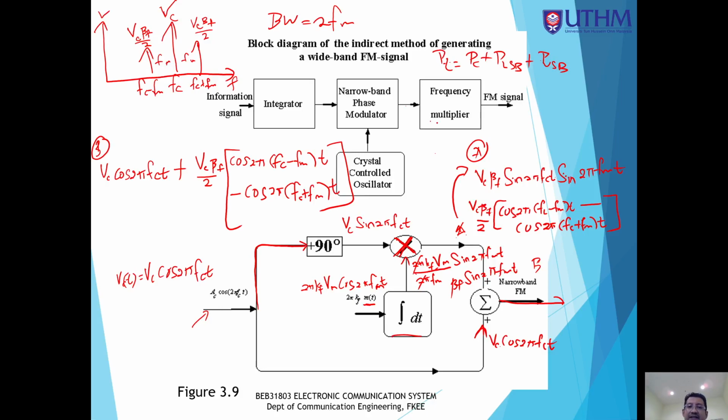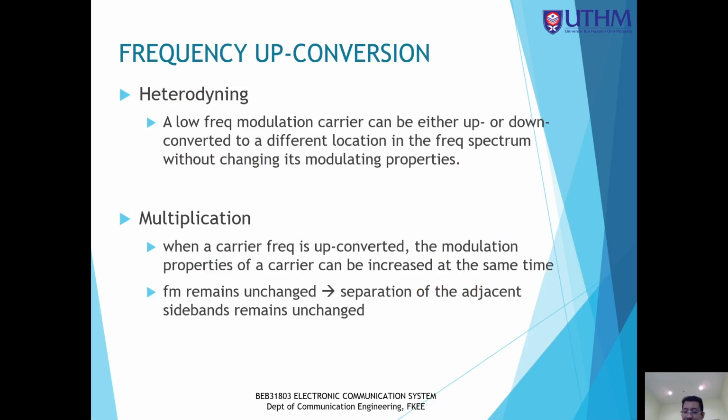And you will see later, because we produce a narrowband, if you want to use it as a wideband application, we need to increase the frequency by using the frequency multiplier. Or there's another method, which we call the heterodyning method. You're going to see later the up conversions.